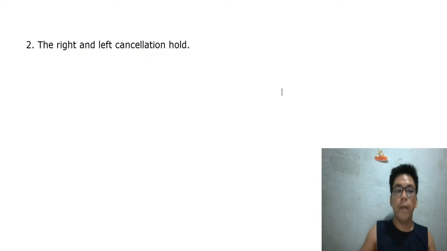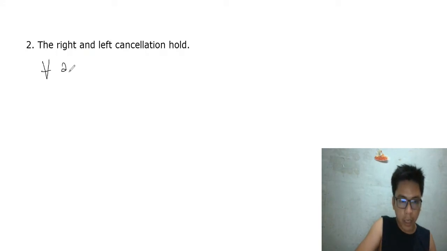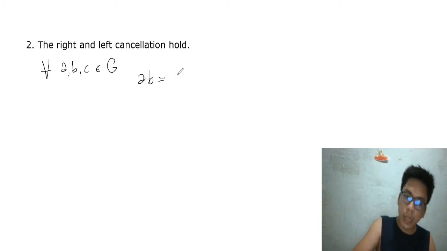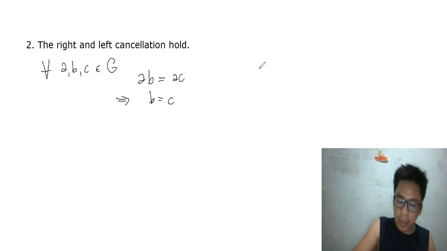Number two, the right and left cancellation hold. What does it mean? Suppose you have elements A, B, C in G. If AB is equal to AC, it simply tells us that B is equal to C. Similarly, if you have BA equals CA, it simply tells you that B is equal to C. So this is the left cancellation.